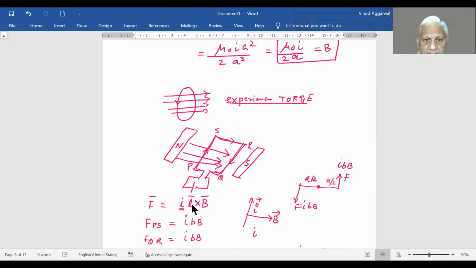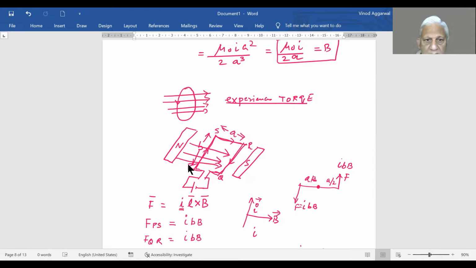Let us say this loop has width of a and length of b.